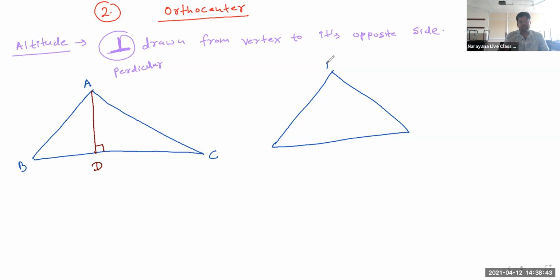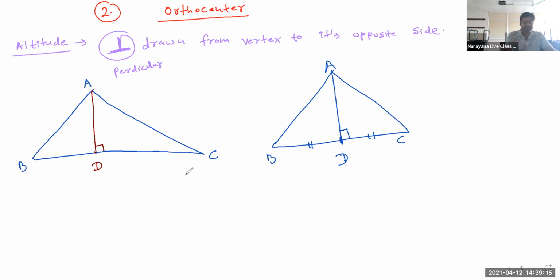If you join the midpoint D of BC with vertex A, and this line is also perpendicular, then AD is called a median and altitude both, not only median or only altitude.